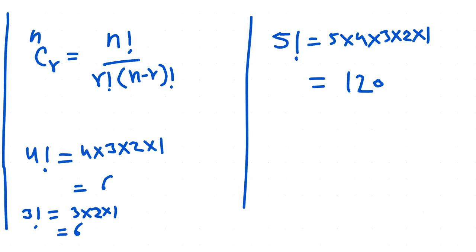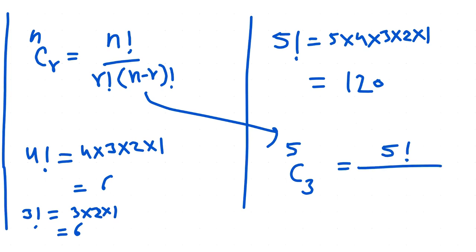In the numerator we take factorial 5, and in the denominator factorial 3 in bracket, 5 minus 3 factorial. So we have factorial 5 over factorial 3 into factorial 2.